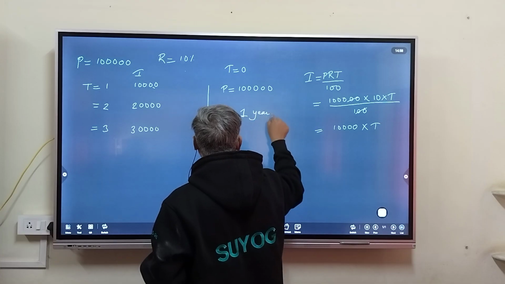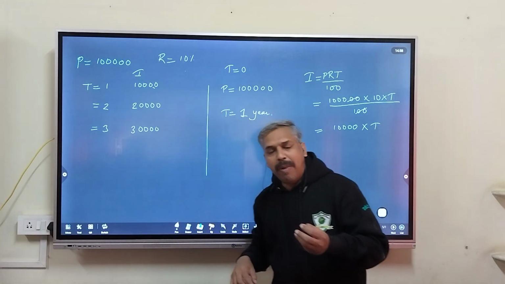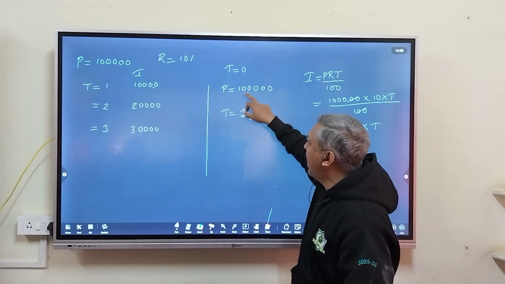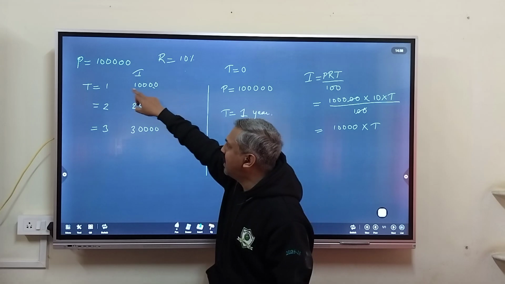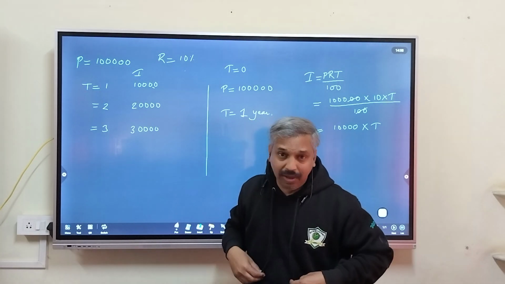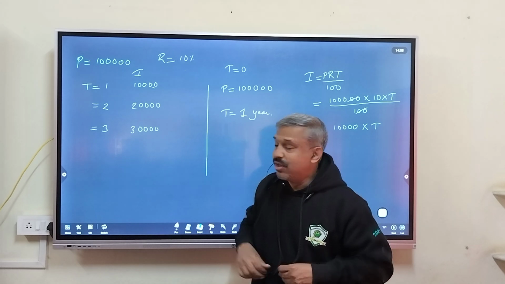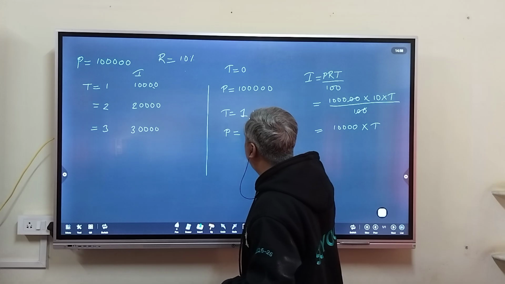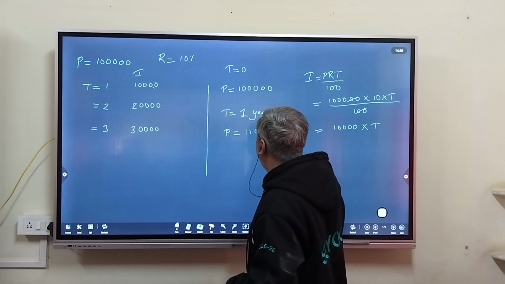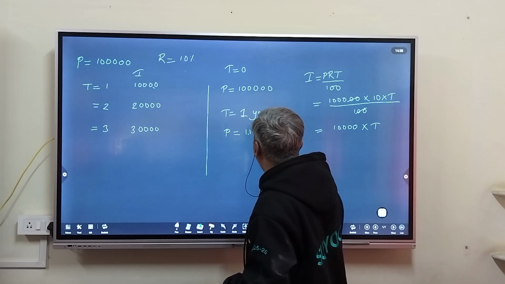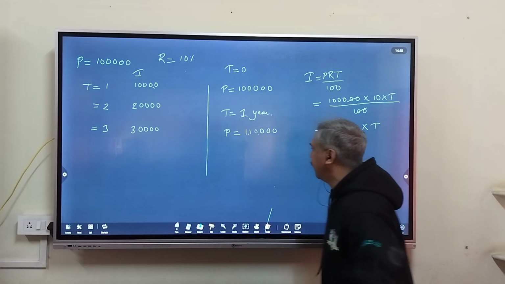After 1 year, my friend has given me 1 lakh rupees plus this interest is also with me. I should have been paying this interest, but I have not paid this interest. So now I owe him 1,10,000 rupees.